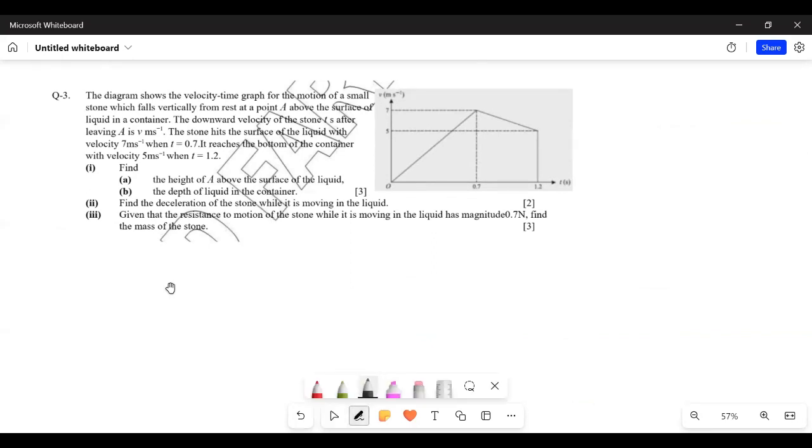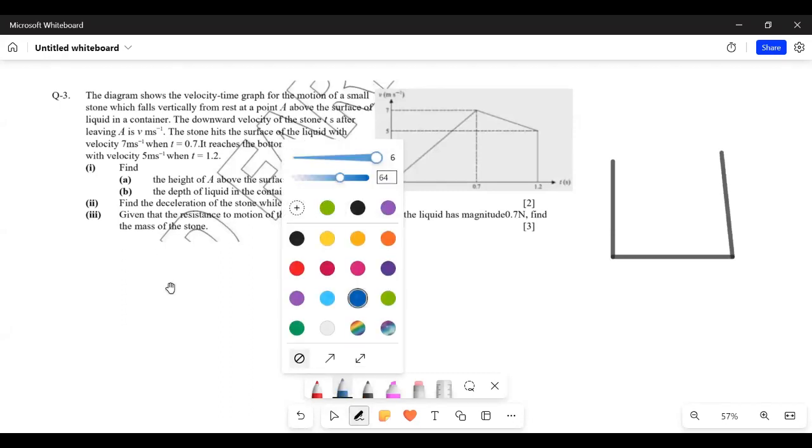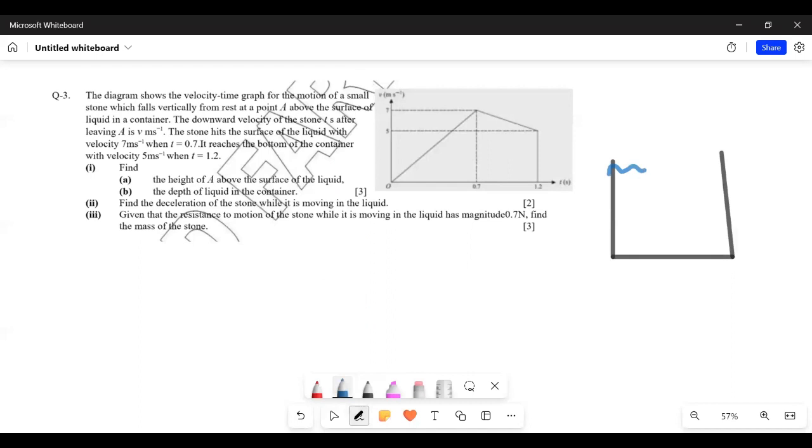Okay, so there's a liquid container which has some liquid in it. A small stone falls vertically from rest at a point A. Okay, so there's a point A.